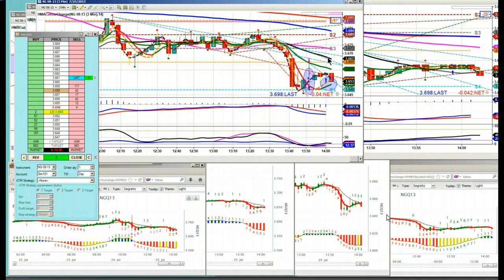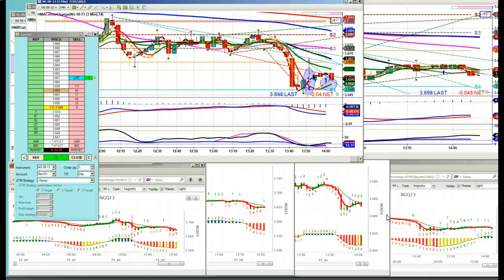Because if the trend is really strong and it's not over, this is actually a retracement and not a reversal. What could happen is it will not only come down and test that support, but it will continue the trend and cross that HMA, and the HMA will change back to red.